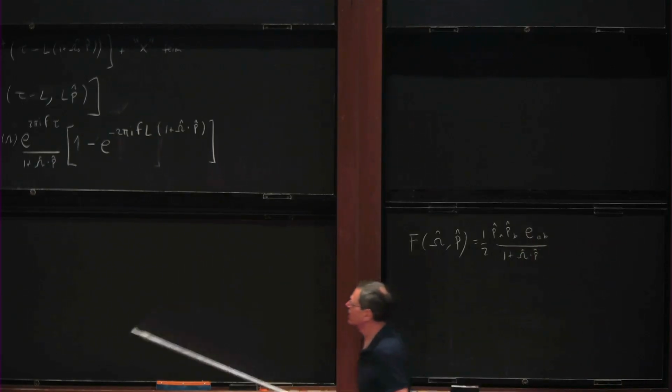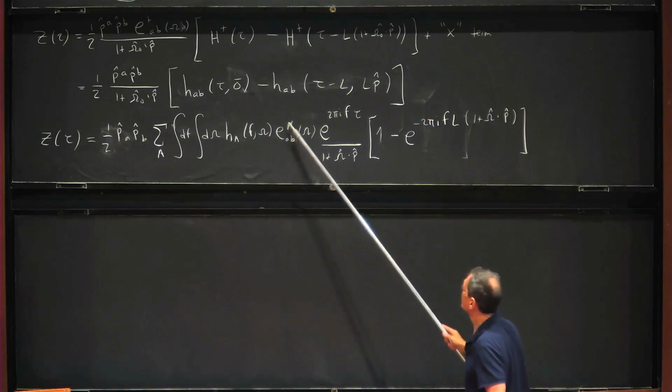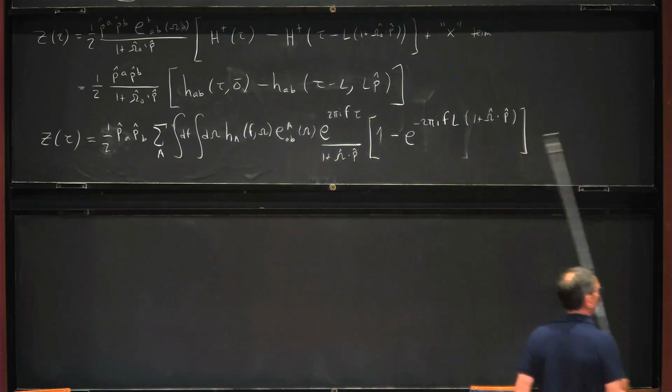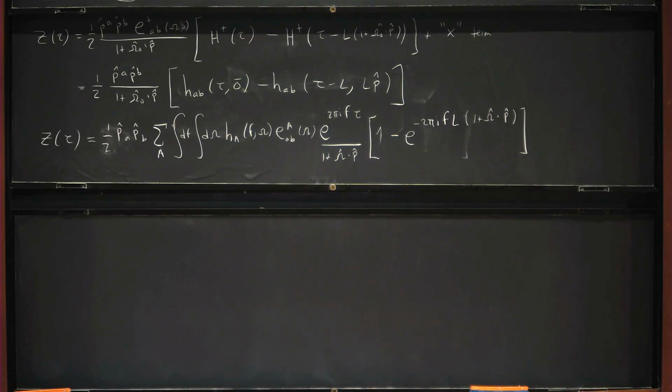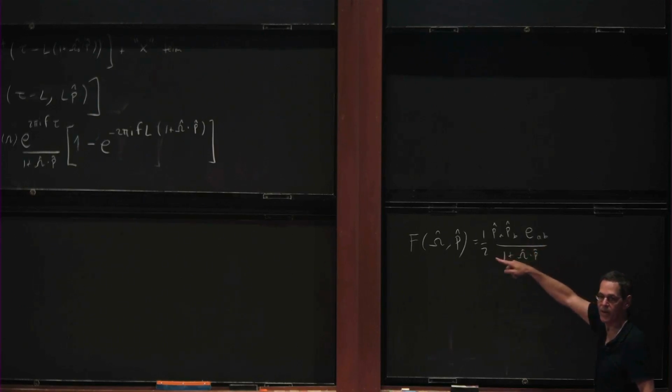That's this term, and this factor. The real part of this complex polarization tensor is just the plus part, the imaginary part is just the cross part. So all the information is here.